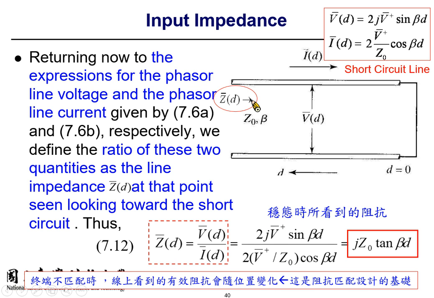If the reactance is positive, then the impedance is said to be inductive, or the reactance of the impedance is inductive.